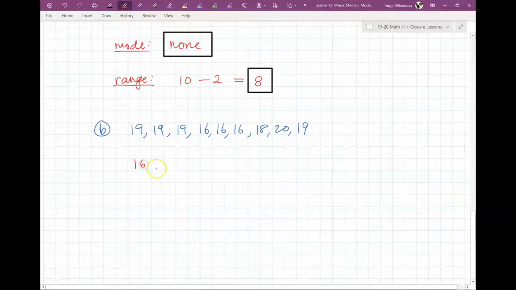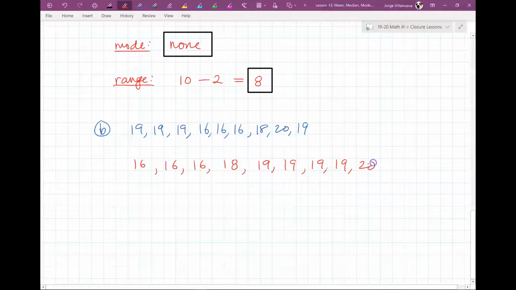So I'm going to put 16, 16, 16, then 18, then 19, 19, 19, 19, and 20. Okay, there's a total of 9 numbers. So to start, we started with 9 numbers. I reorganized them. I still have 9 numbers.